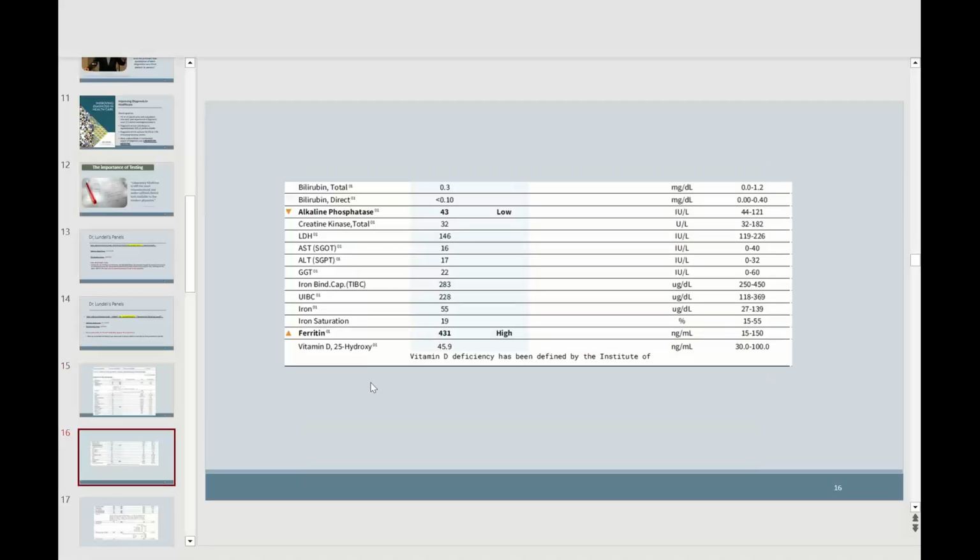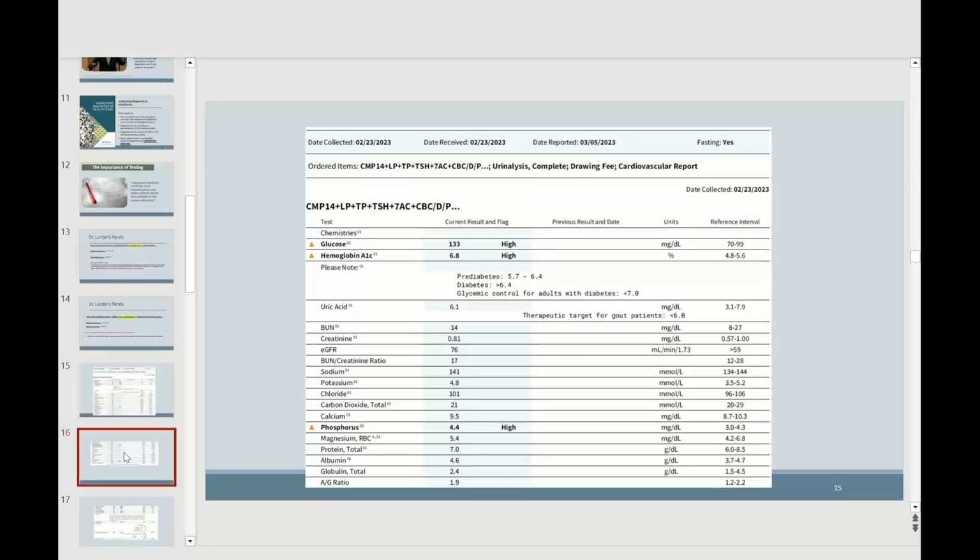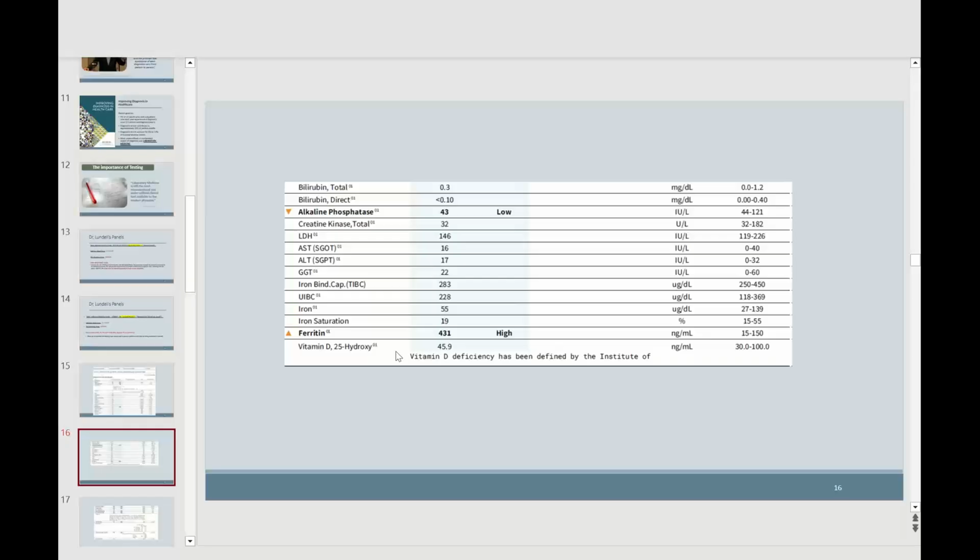We have bilirubin as well, both total and direct. Total is both direct and indirect. Direct is from the gallbladder.